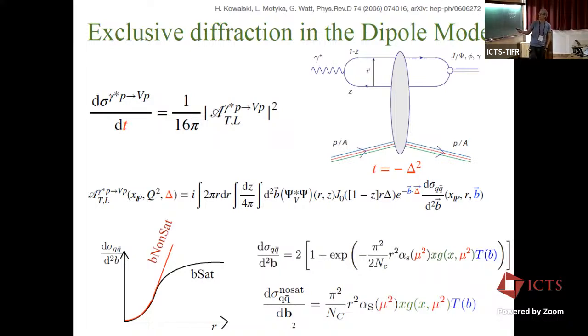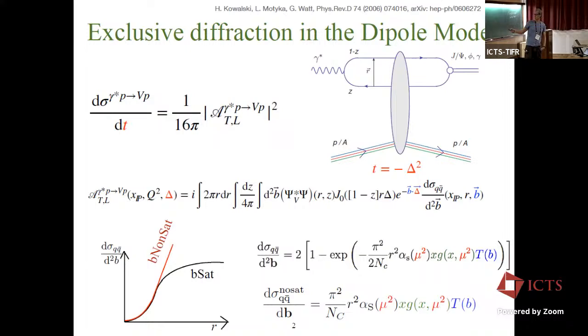We have the wave function of the incoming photon, the wave function of the outgoing vector meson, which is this wave overlap here, and then the interaction of the dipole with the target, which is called the dipole cross-section. If you want an amplitude in delta space, in momentum space, the amplitude becomes a Fourier transform from impact parameter to momentum delta.